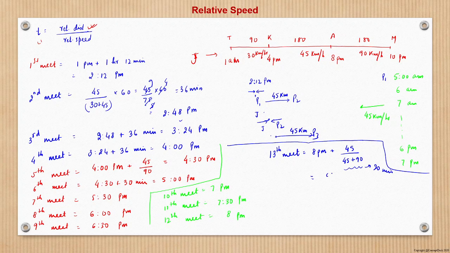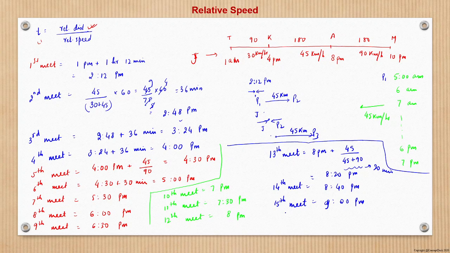So that becomes 8:20 p.m. Then the 14th meet is again after 20 minutes, so that is 8:40. And the 15th meet is at 8:40 plus again 20 minutes, which is 8:60, which is 9 p.m.